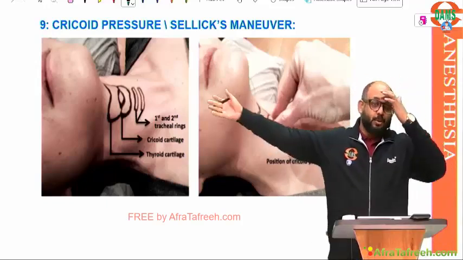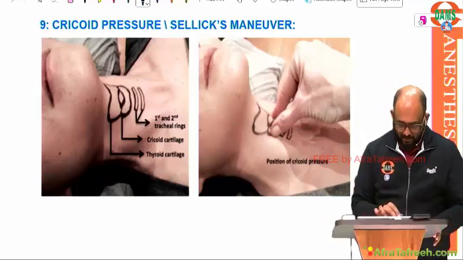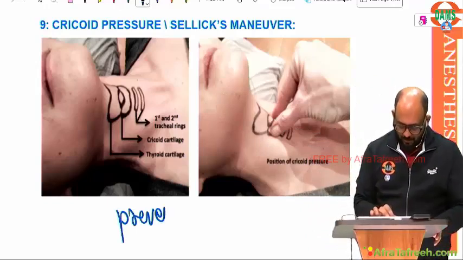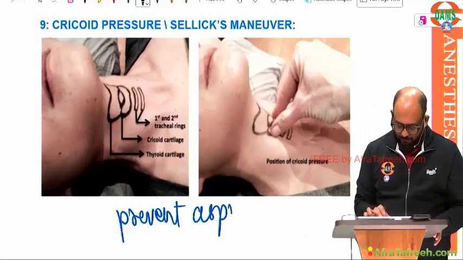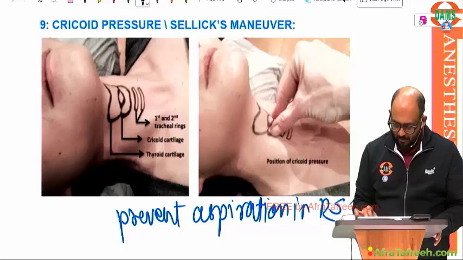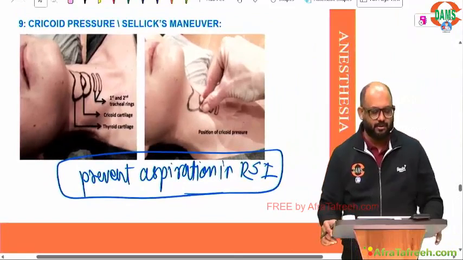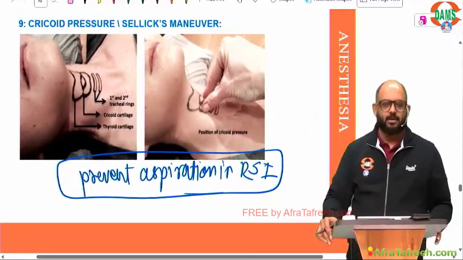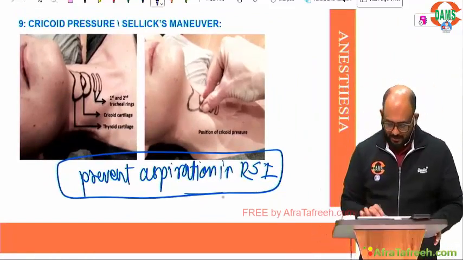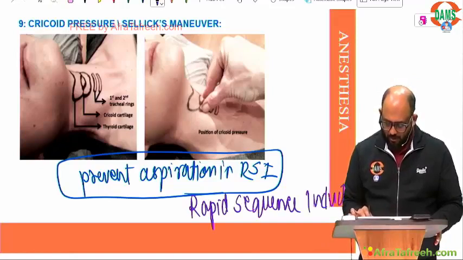So where do we do this cricoid pressure or Sellick's maneuver? Yes, to prevent aspiration in RSI, rapid sequence induction or intubation.